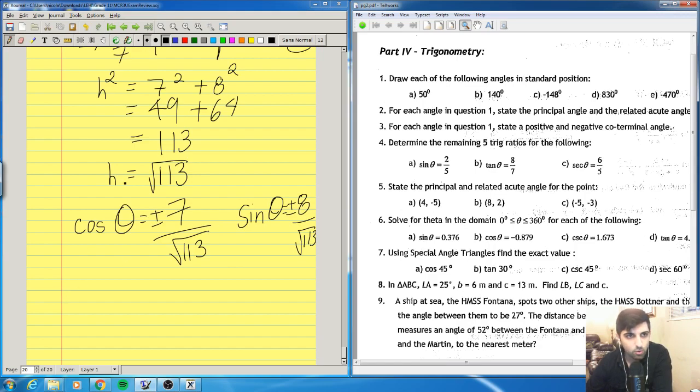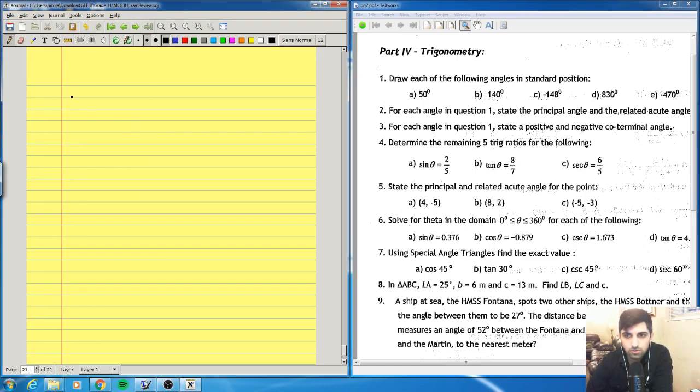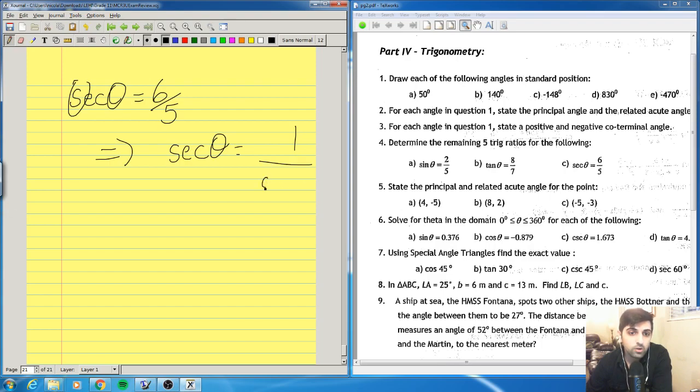Now let's make things even more complicated. We've got a secondary trig ratio, secant theta. And if you check out my last video, I explained that to convert between primary and secondary, if you start with an S, that means you reciprocate to a C. And so if you have secant theta, that means it's 1 over cosine theta.